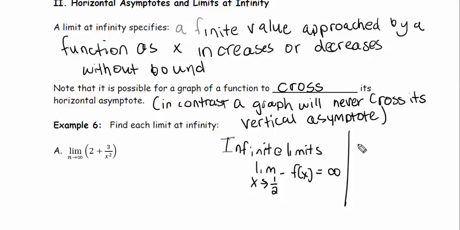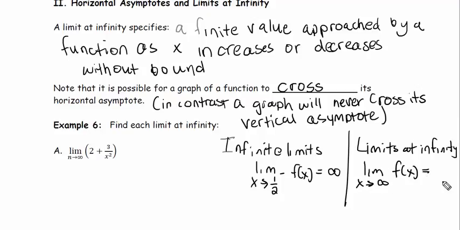And now we're going to be talking about limits at infinity. This is the limit as x approaches infinity of f of x, and then this will be a number like a half. So the difference is that for infinite limits, the answer is infinity.